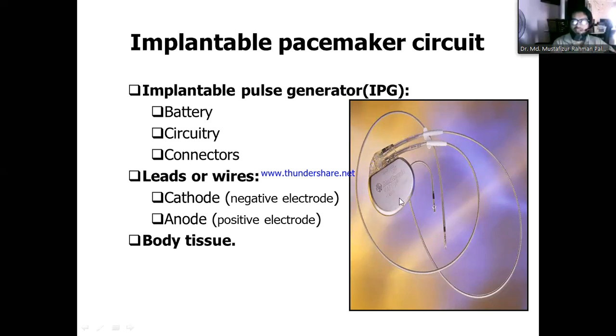This is the generator, which contains the battery and circuitry, and also the connectors or header, and the leads. The leads have the cathode and the anode, that is the negative electrode and the positive electrode. Later on I will tell you about these electrodes, as well as the body tissues involved in the pacemaker circuit.